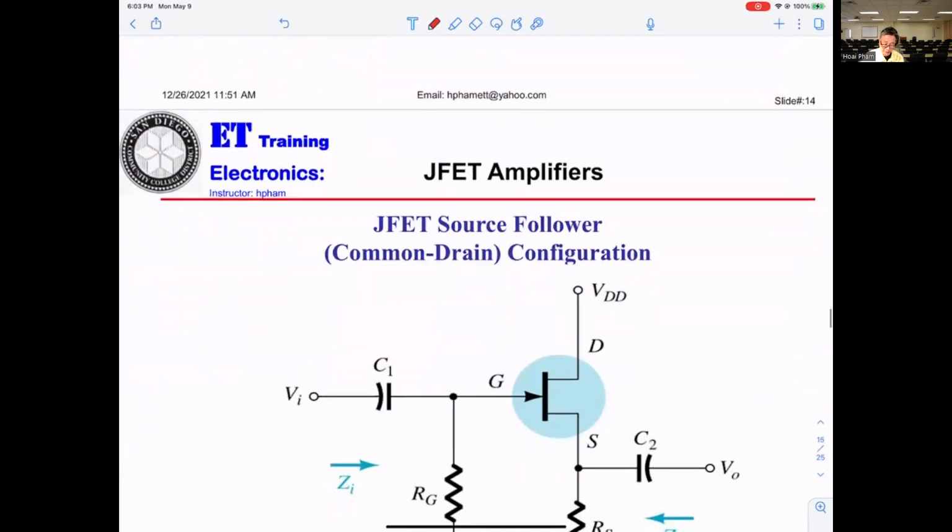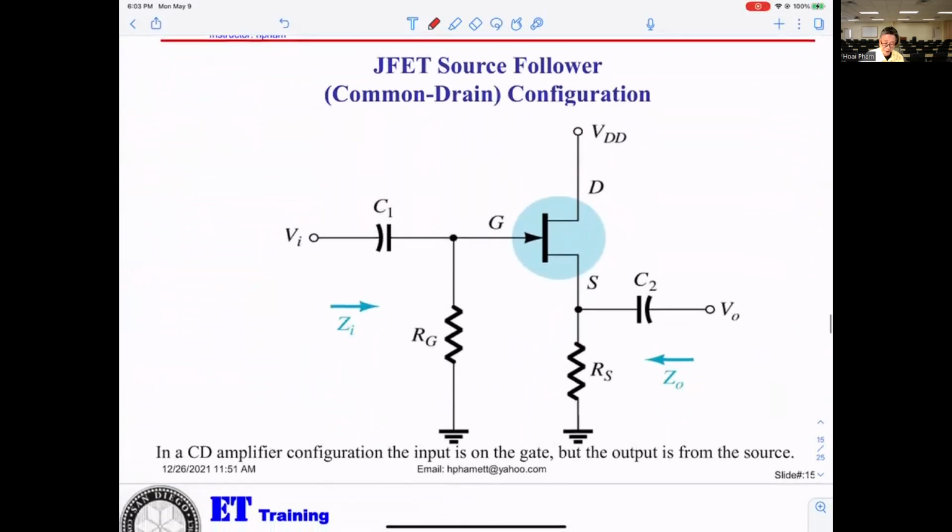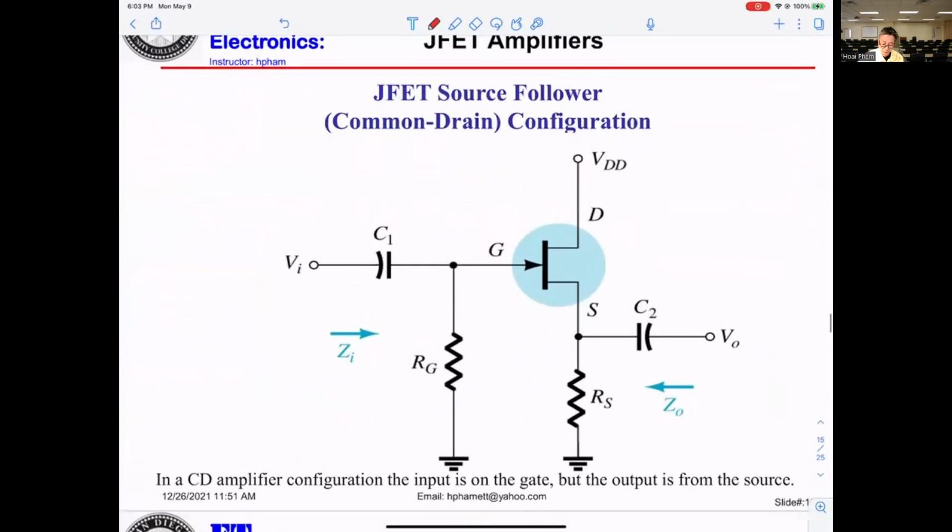Okay, if not, common drain, second one. We try to go through all of the amplifiers for today. This is a common drain. First thing talking about the circuitry, what DC bias. And now you can see, you get no VGG here.